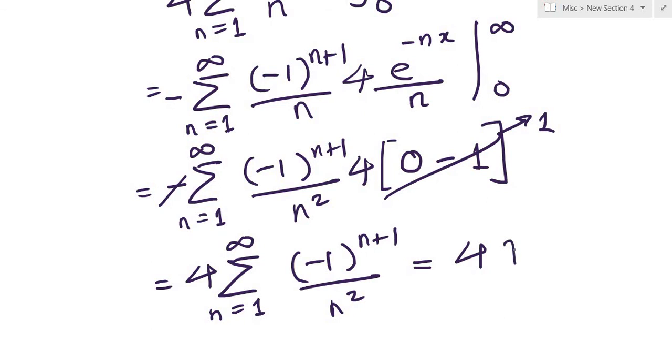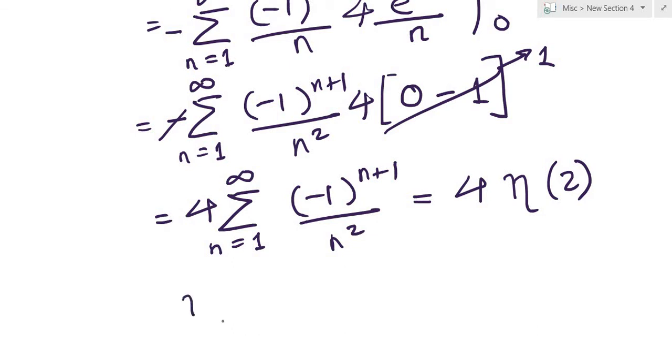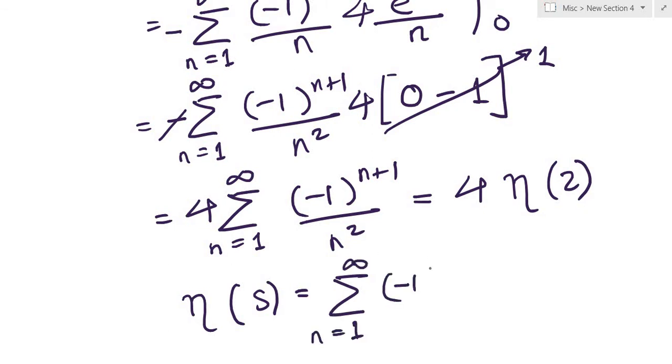It's nothing but the Dirichlet eta function at 2. Let me remind you again, the Dirichlet eta of s is the sum as n equals 1 to infinity of minus 1 to the n plus 1 power over n to the s power.